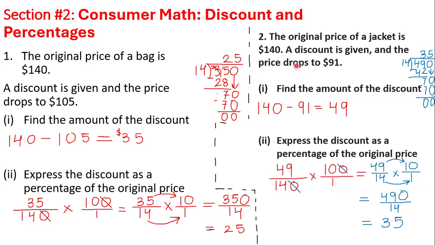Okay, so first what I did was I canceled the zeros. You see that, right? And so I have 49 over 14, right? Multiplied by 10 over 1. Rashad, make sure you're paying attention. So I have 49 over 14 multiplied by 10 over 1, right? Then what I do, Arion, I say 49 times 10.